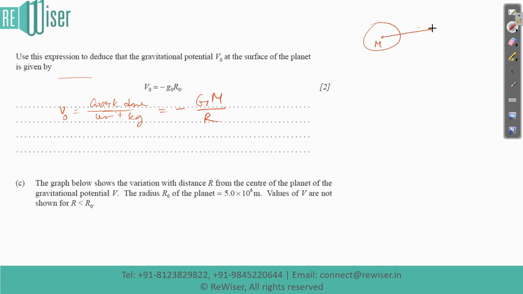This is the mass, this is point P where there is 1 kg. You can consider this is the radius, and here it is V0. This is R0, we can consider. Now you see, there will be a gravitational field strength or gravitational acceleration acting towards the Earth.